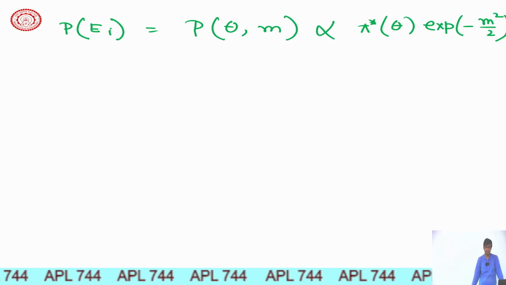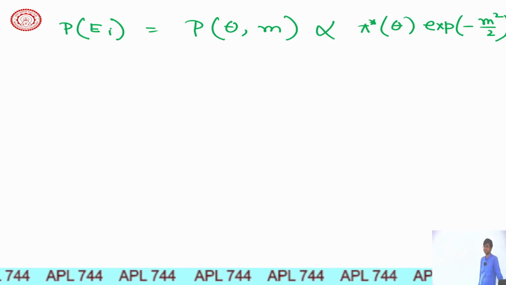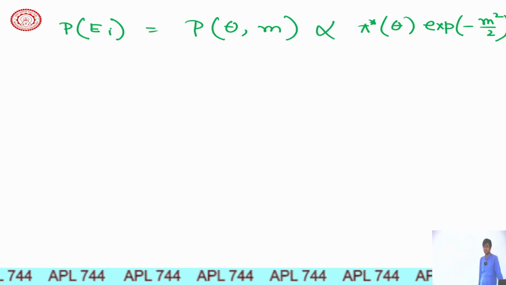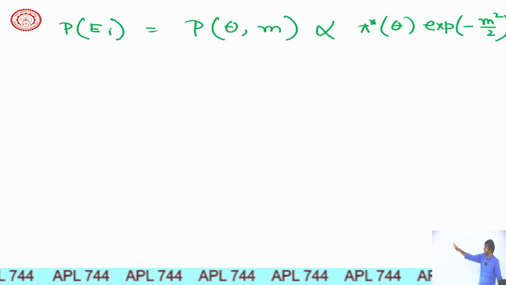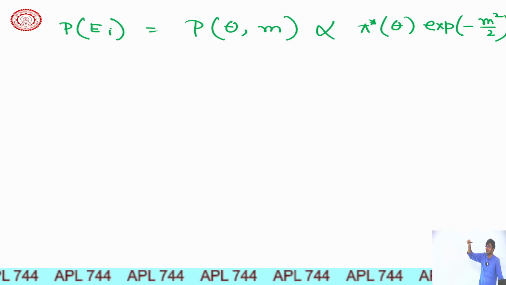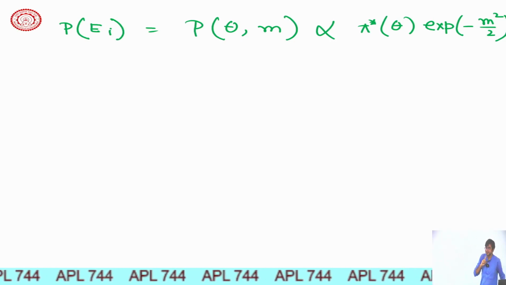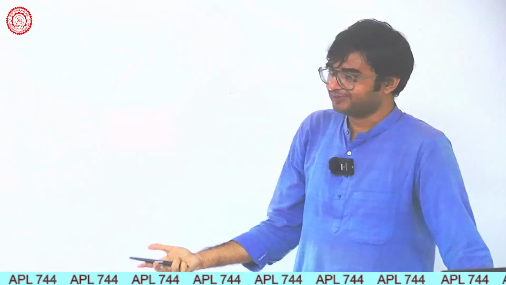Let me know if you are getting this or not. You will get this only. So now you see the form, pi of theta, and that second part is basically m given theta, which is independent of theta. If I was doing from a statistical point of view, I would start from here, and then I would say, modeling the second one as exponential.